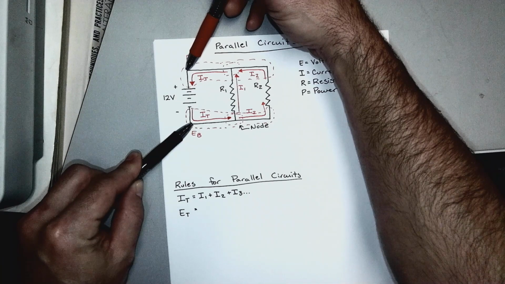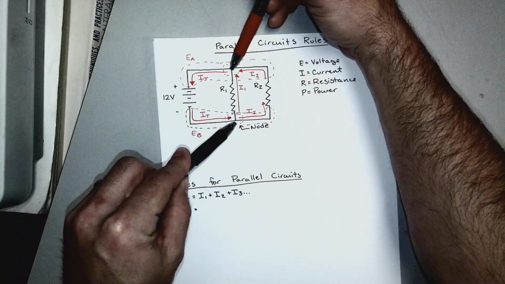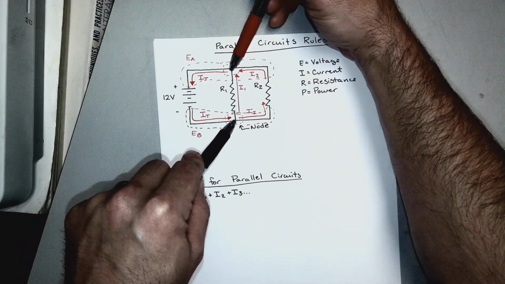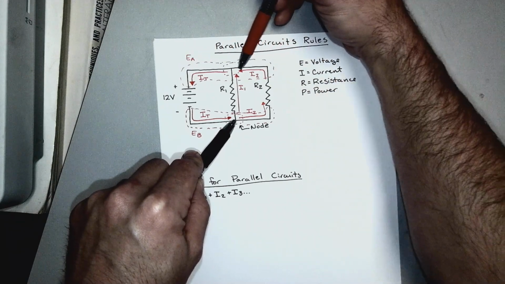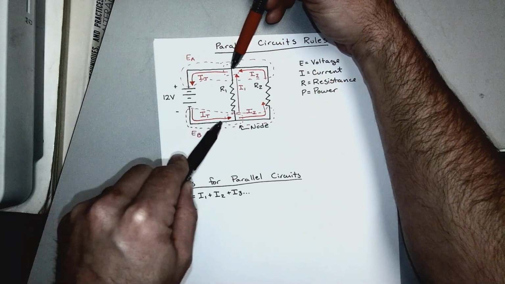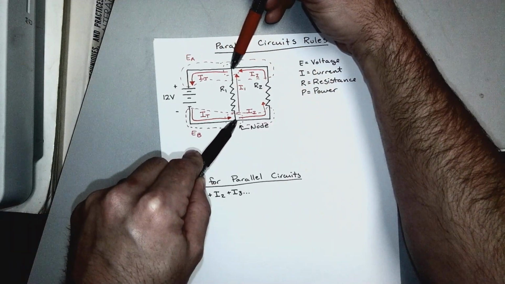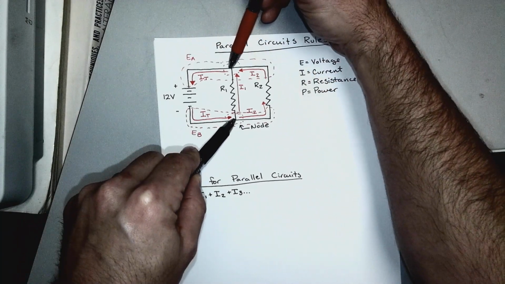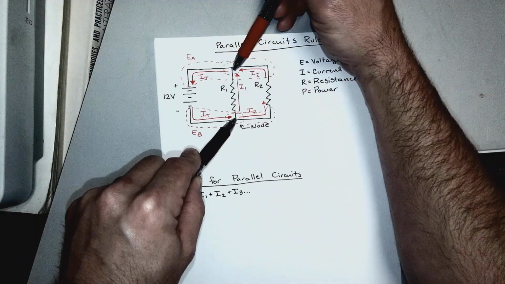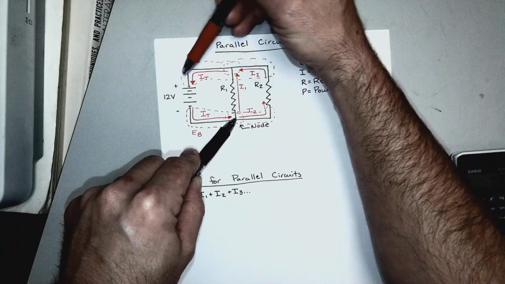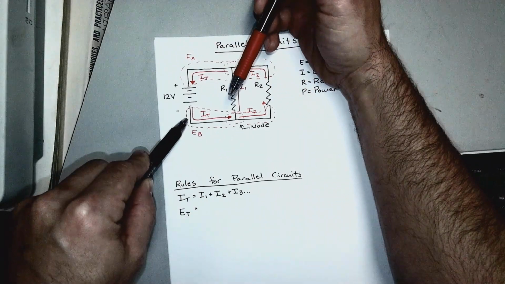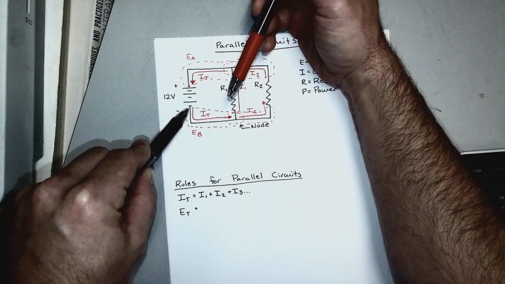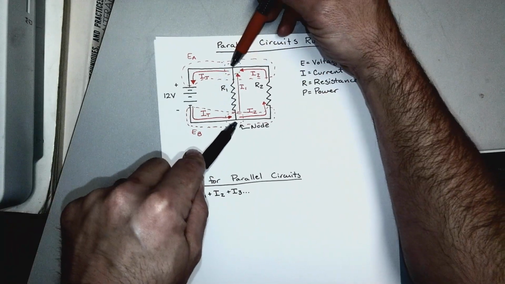Well, now let's slide down and read across R1. Well, R1, since this is all the same point of potential up here, and this is all the same point of potential right here, we're going to read the exact same thing that we read over here, because the difference between them is still 12. If we go EA, which is positive 12, minus 0, because remember, negative is always the 0 point of potential, we're going to get 12.